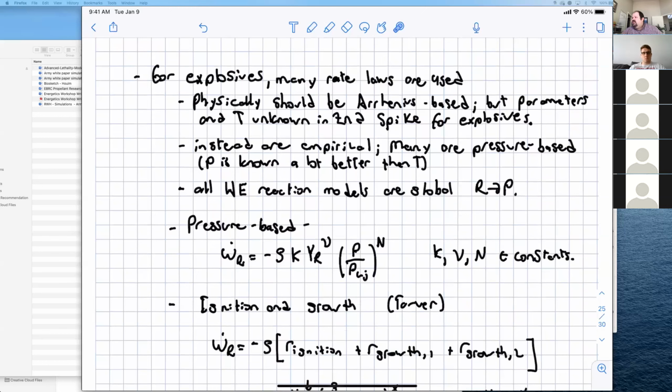And unfortunately, they physically should be Arrhenius based. There is no physical reason that they should not be based on normal Arrhenius kinetics. But unfortunately, in the ZND spike, where you really need to know what all the Arrhenius parameters are, the equations of state for solid material at those conditions are on such shaky ground that you don't even really know accurately what the temperature is.